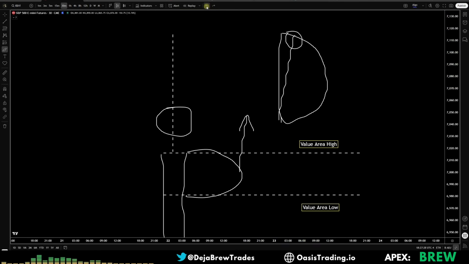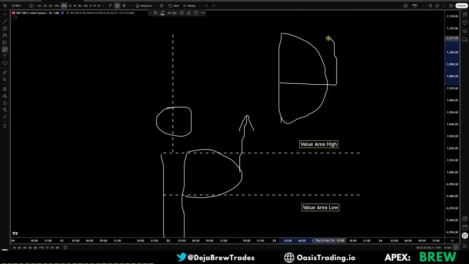It could be anywhere in that upper half of that node. They need to stop finding sell pressure and they need to start finding buy pressure, because it's going against what they quote unquote should be doing.